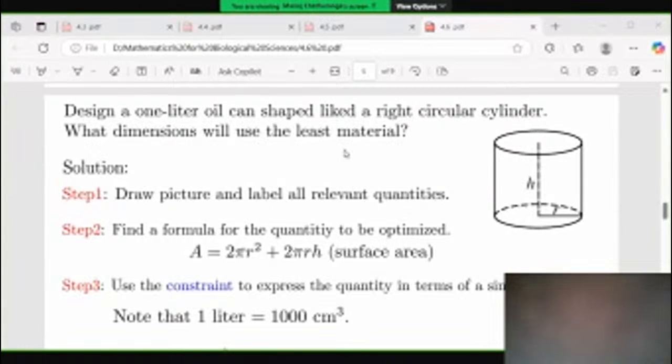They have not said anything about the top and bottom. Since they have not said that this is an open can, we should assume that it is a closed can and take both top and bottom into account. So this is the total surface area, both top and bottom and the curved area.